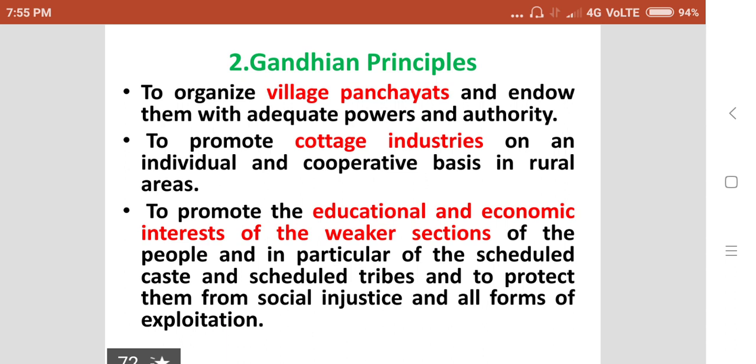Then, second classification of directive principles, Gandhian principles. There are some principles which support the Gandhian ideologies, ideas, philosophy.